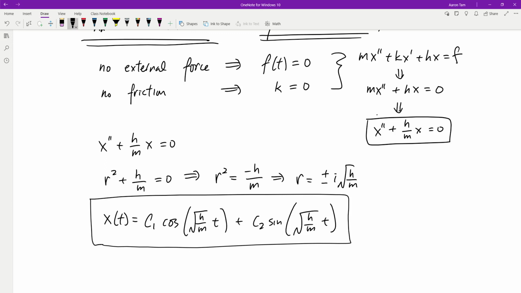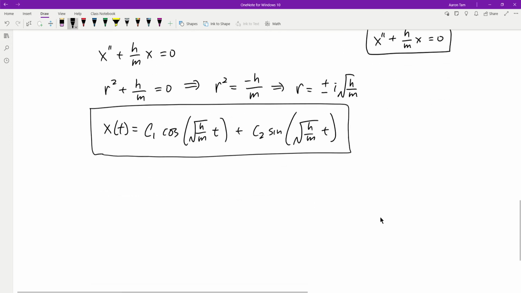Now, that's good, but that doesn't look really nice, especially since it involves both sine and cosine. Is there some way to actually simplify this equation? Some of you might remember learning a physics formula that doesn't look like that, but also describes a free oscillation. And we can definitely do that, so let's go ahead and do that.